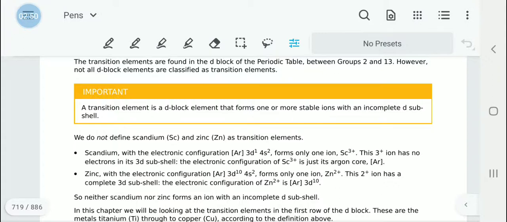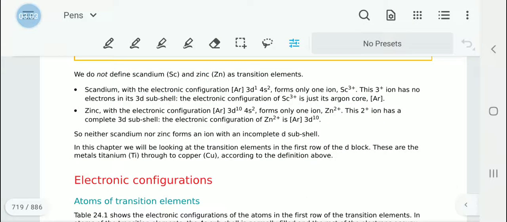As a result, we say that it is again not classified as a transition element, because it does not have an incomplete d subshell. So one prerequisite needed for an element to be a transition element is that it should have an incomplete d subshell.